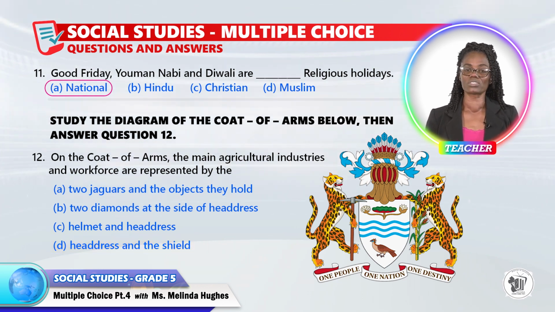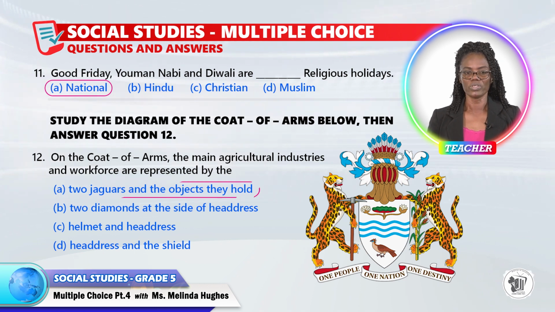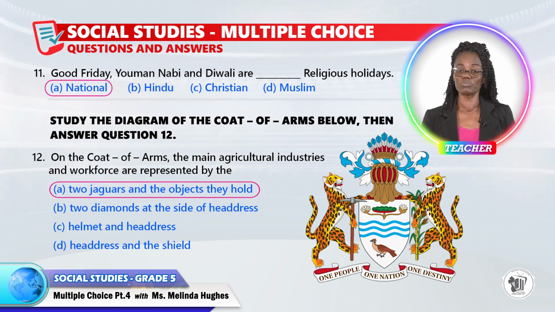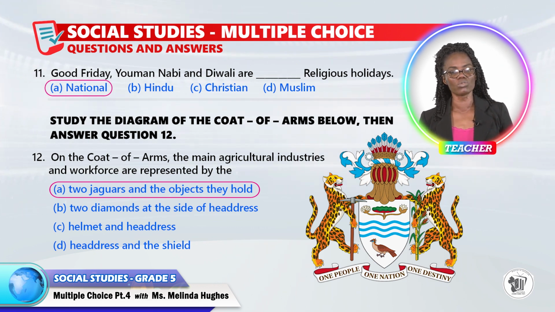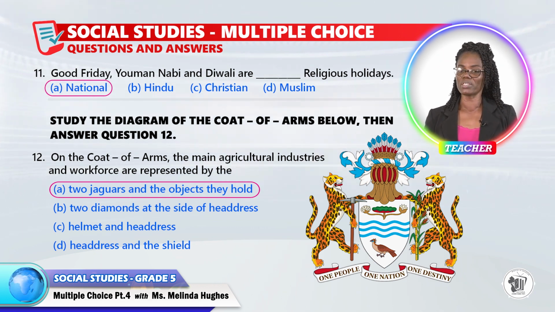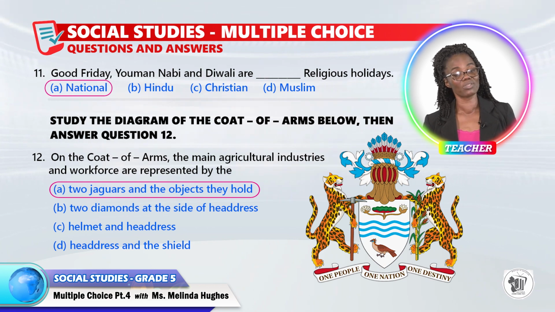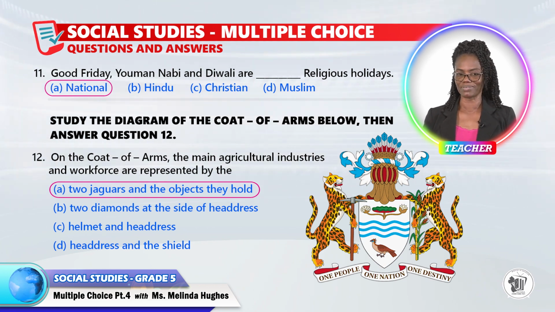The answer to question 12 is A. The 2 jaguars and the objects they hold represent the main agricultural industries and workforce in Guyana.